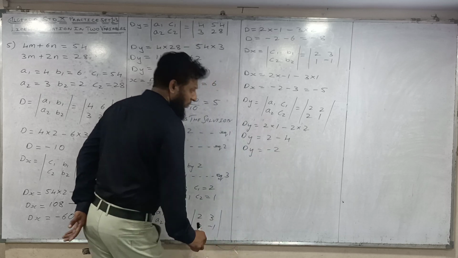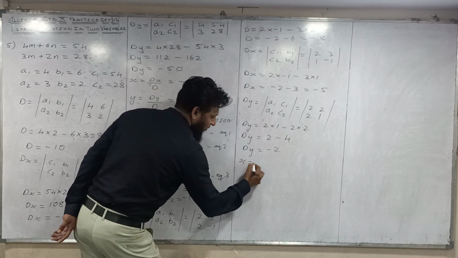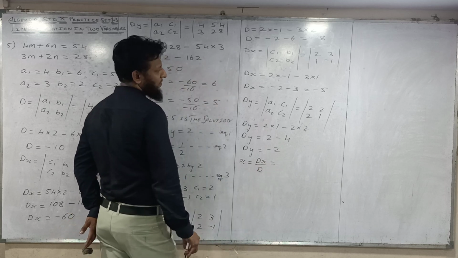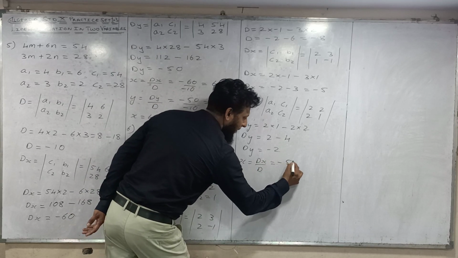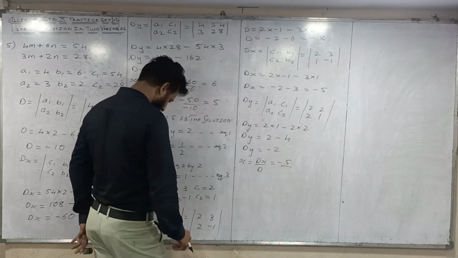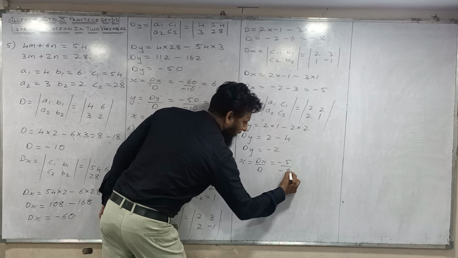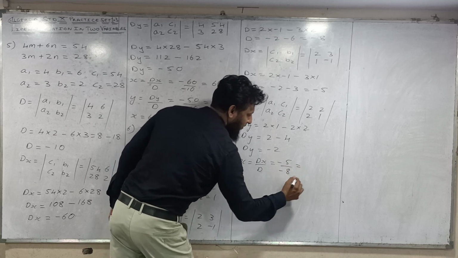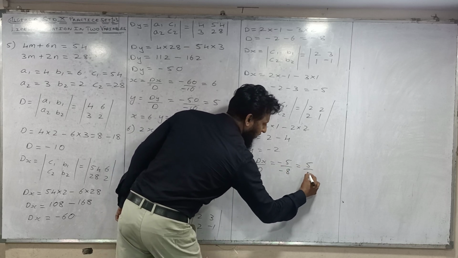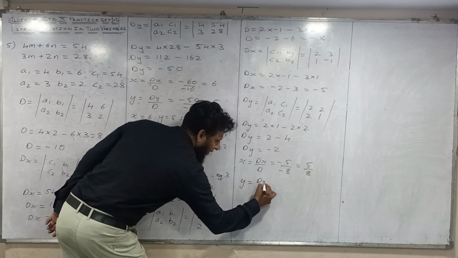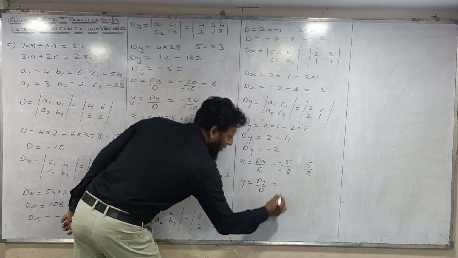Okay. Now x is equal to determinant x upon d. Determinant x is minus 5 and determinant d is minus 8. Okay. Minus minus cancel, 5 upon 8. Y is equal to determinant y upon d.